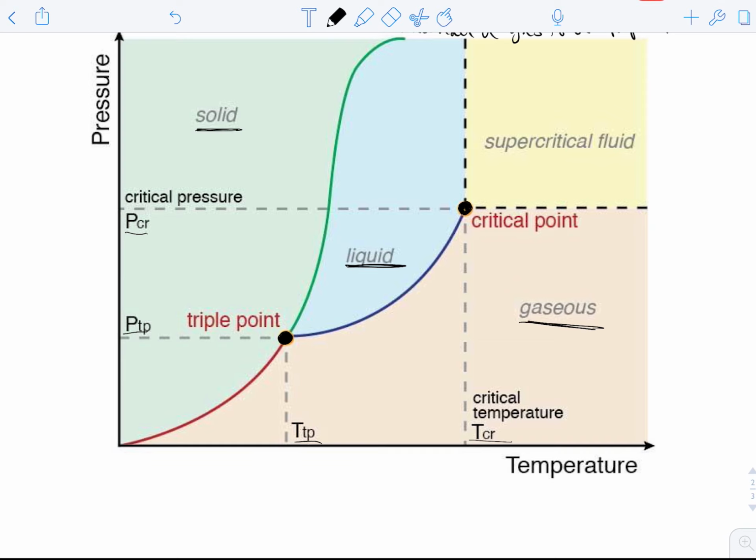Here, we really don't have any distinction between our liquid and a gas, but above that critical temperature and critical pressure, we get a supercritical fluid, that liquid/gas-like substance that dissolves, yet is not very viscous, so it diffuses as well. Very interesting. So these are all the different parts of a phase diagram you should be able to label.